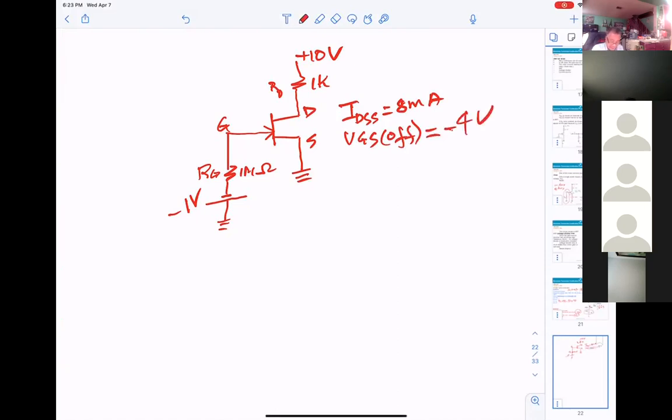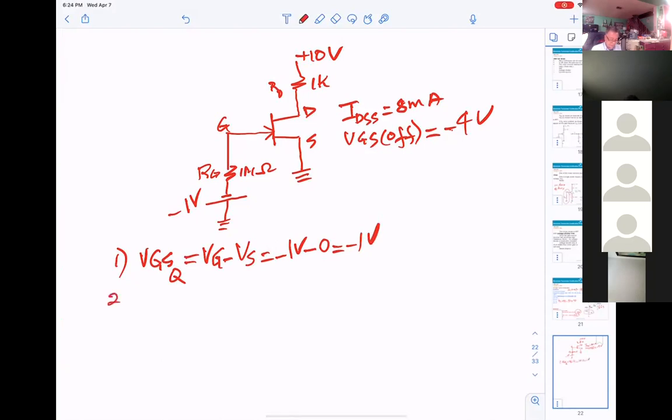The first thing they want to know is VGS Q. So you tell me what VGS Q equals. Minus 1 volt. It will be VG minus VS, and VG equals minus 1, minus 0, so minus 1 volt.